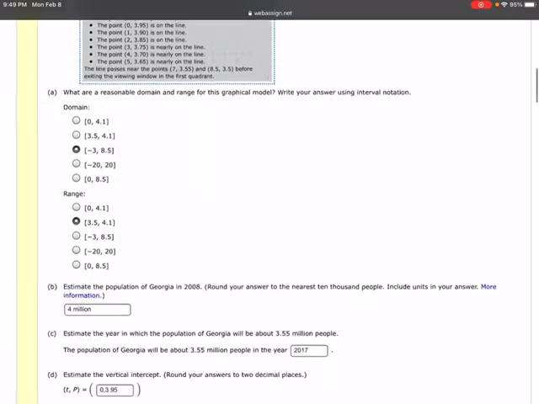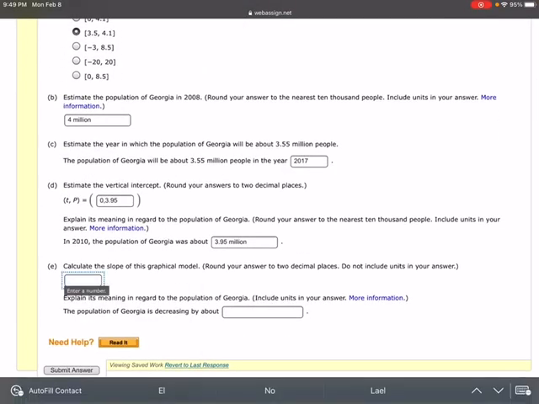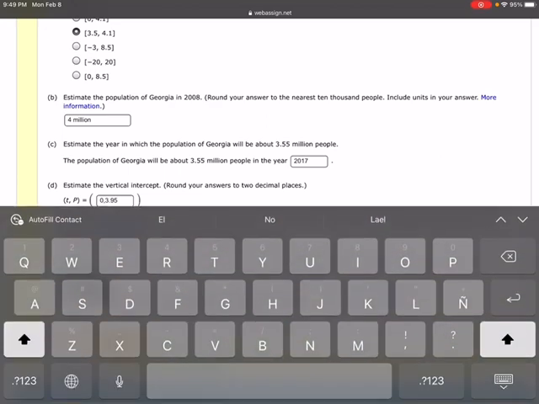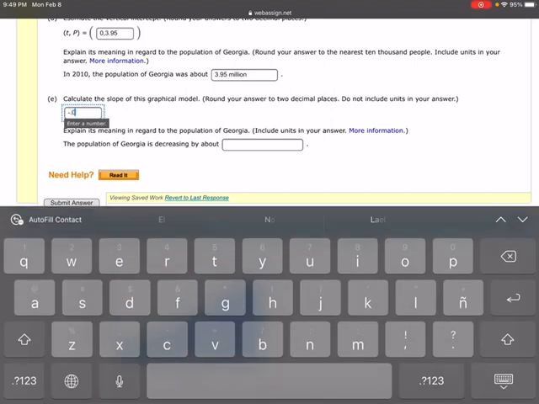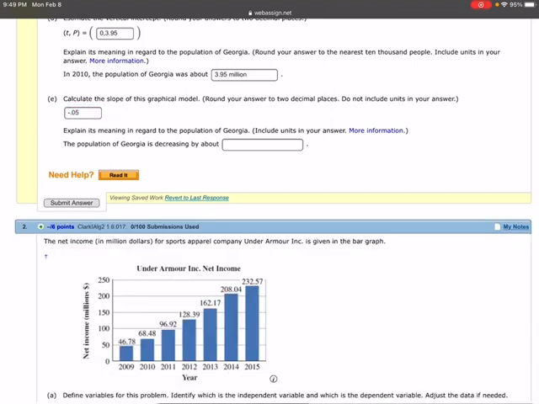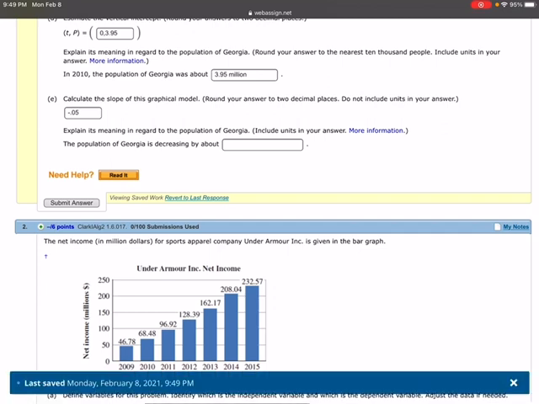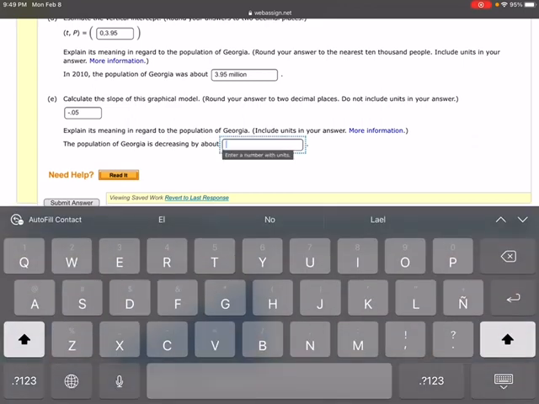So the slope, we found it to be negative 0.05. So what does that mean? The population of Georgia is decreasing. It's decreasing because the slope is going down, it's negative. We don't have to put another negative there; the word decreasing takes care of the negative.